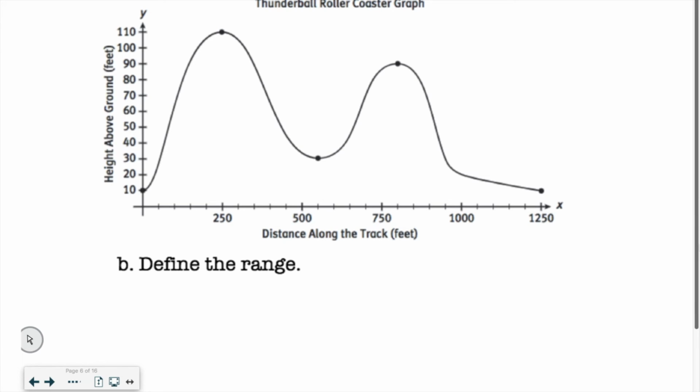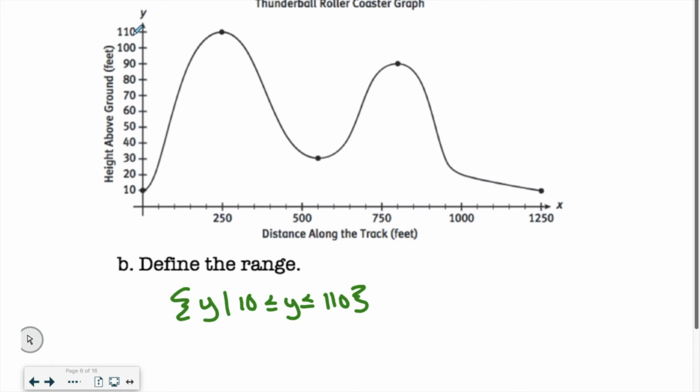So for this one, you're going to write brace y such that 10 is less than or equal to y, less than or equal to 110, because that makes y in between, and the lowest point is 10, the highest point is 110.